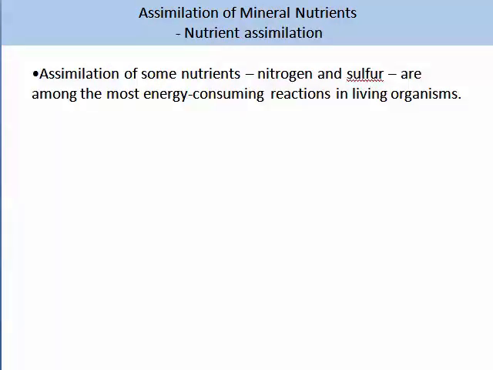Nutrient assimilation is the conversion of nutrients into the fluid or the solid substance of the plant. This process for some nutrients, such as nitrogen and sulfur, is among the most energy-consuming reactions in living organisms.